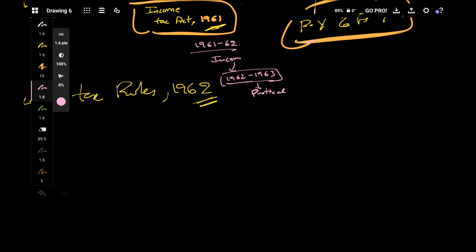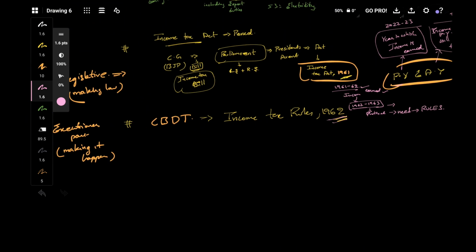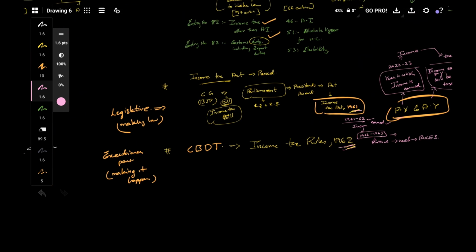That's when the need for rules comes. Income is earned in this year, I agree, but tax is paid in 1962-63. So now in this year there is a need for these rules. After 1 year, when there was a need for these rules, they created the Income Tax Rules 1962. So that's the reason why it is 1961 for the Income Tax Act and 1962 for the income tax rules.